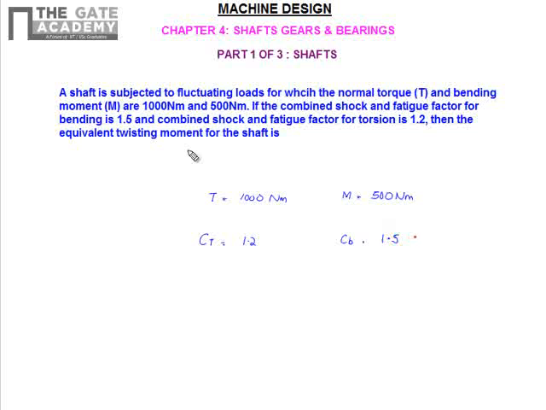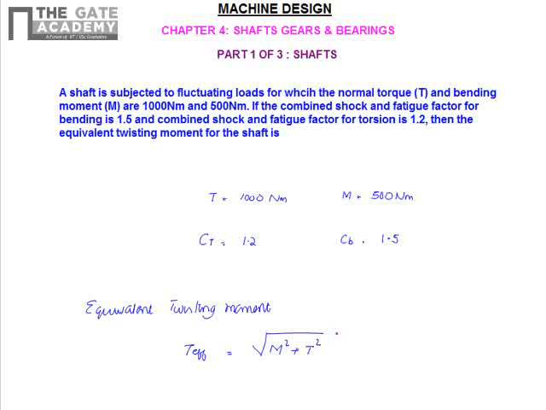So what is the equivalent twisting moment? The equivalent twisting moment is given as T effective is equal to square root of M square plus T square.